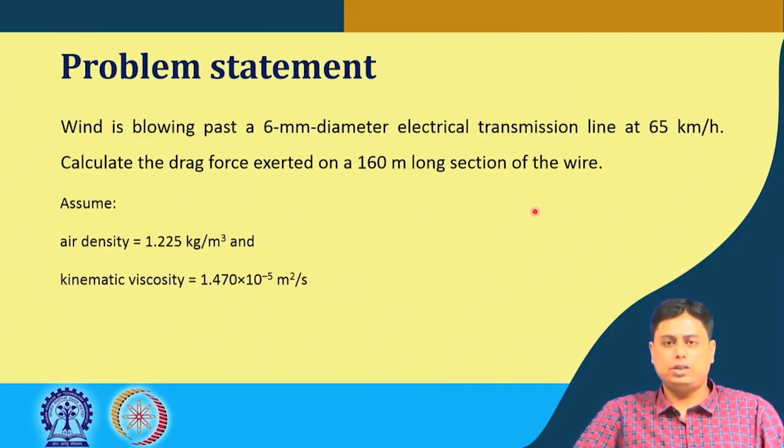For different shapes of the object and different orientations of the flow, there are several charts and several tables available. So, the first task is to calculate the Reynolds number for this flow. Then we take the value of CD accordingly and calculate the simple drag force.